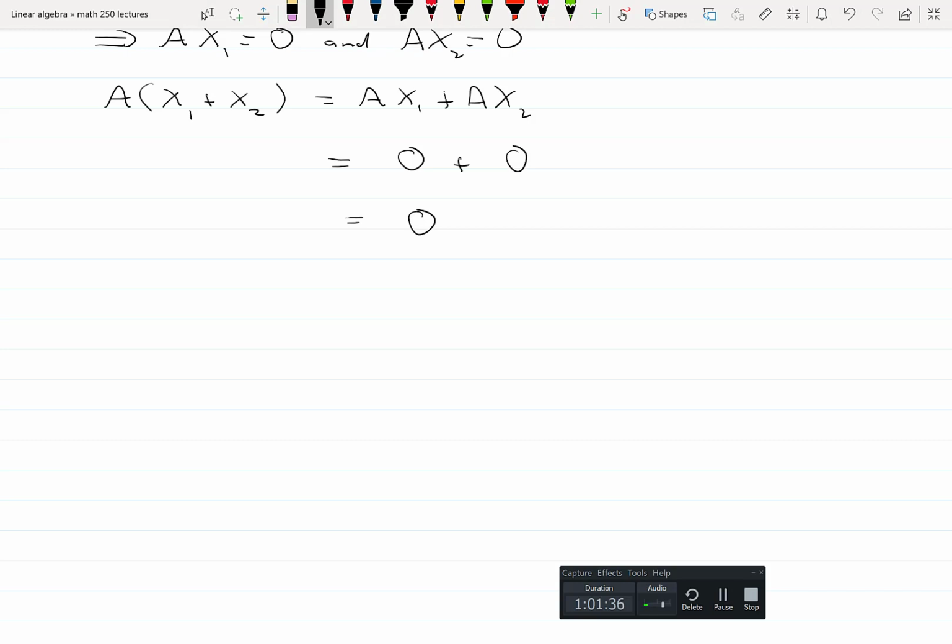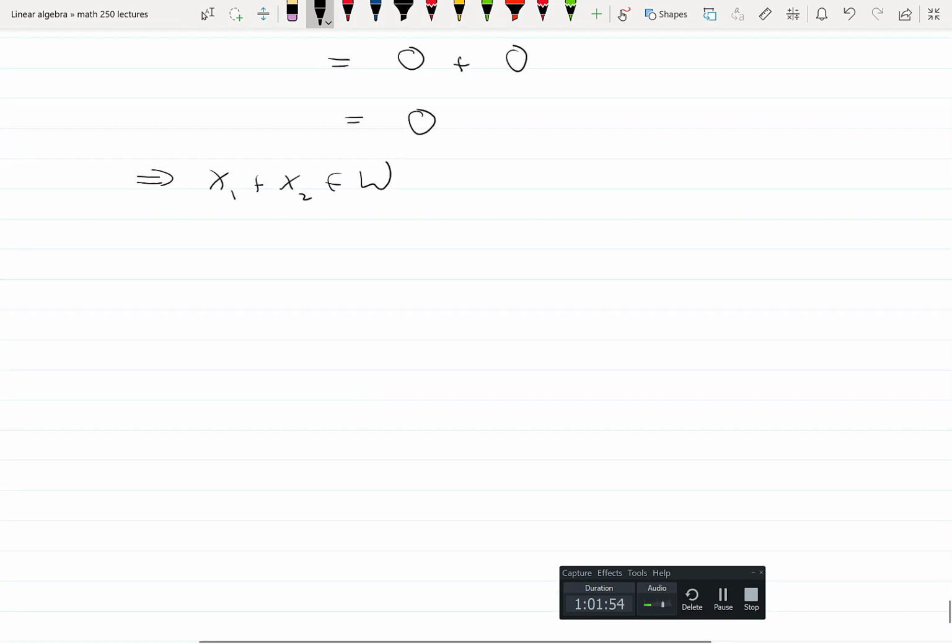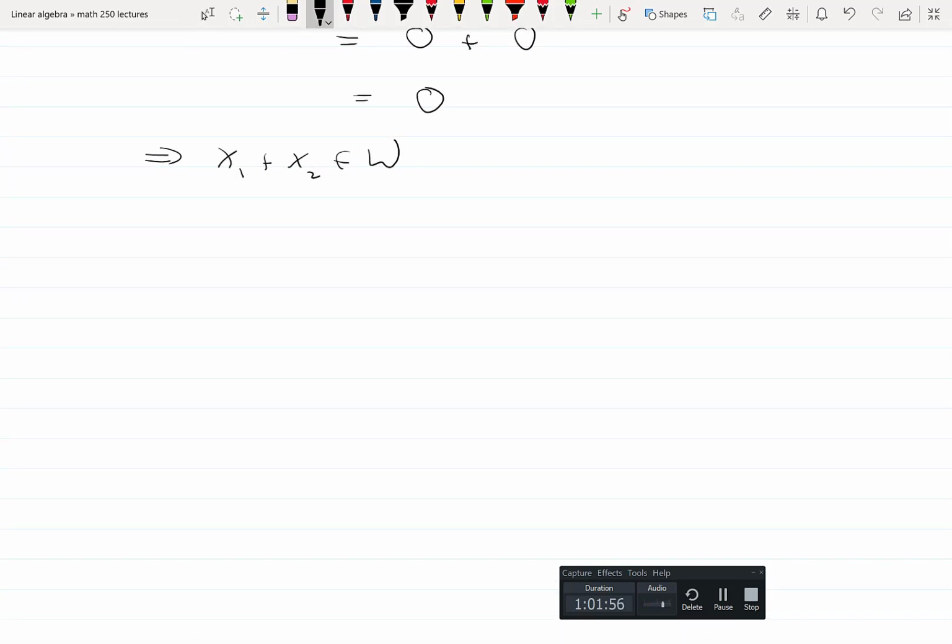That means x1 plus x2 is a solution to the homogeneous system. I'm mixing notation here. That means that x1 plus x2 is in W. So I have closure under addition.